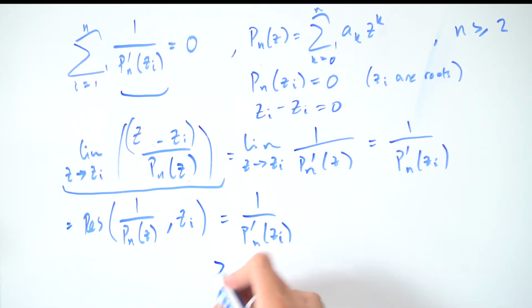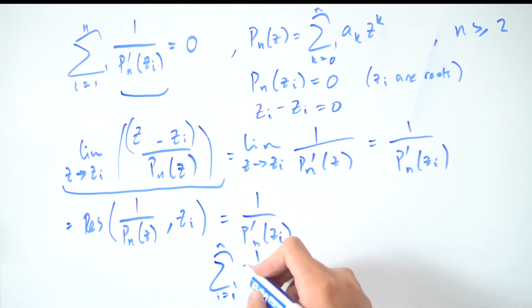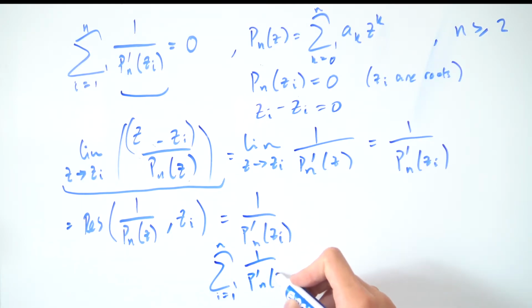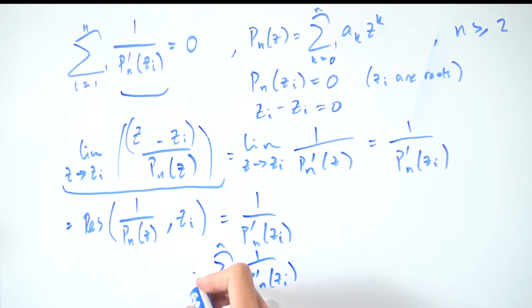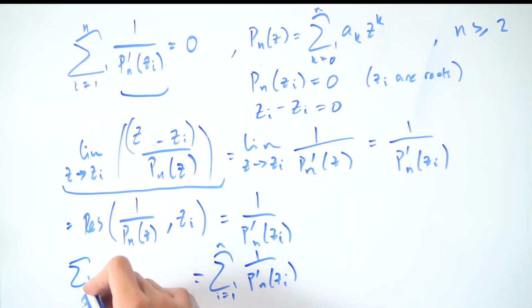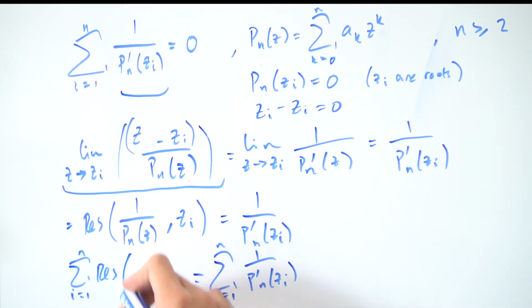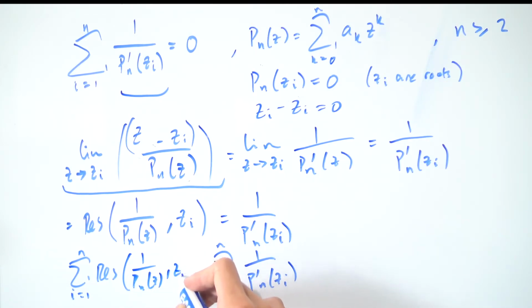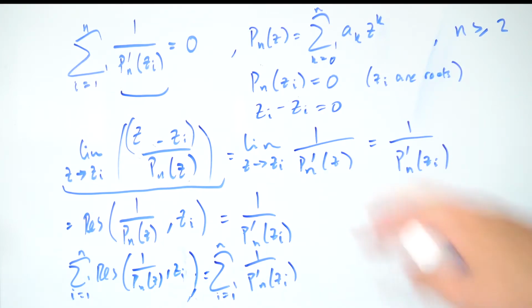So if we sum this thing from i equals 1 to n of 1 over p prime n of zi, then that's the exact same thing as summing up all these residues, the sum of the residues from i equals 1 to n of 1 over pn of z at zi. So basically what we just found is that this thing we wanted to prove can be expressed as the sum of residues right here.